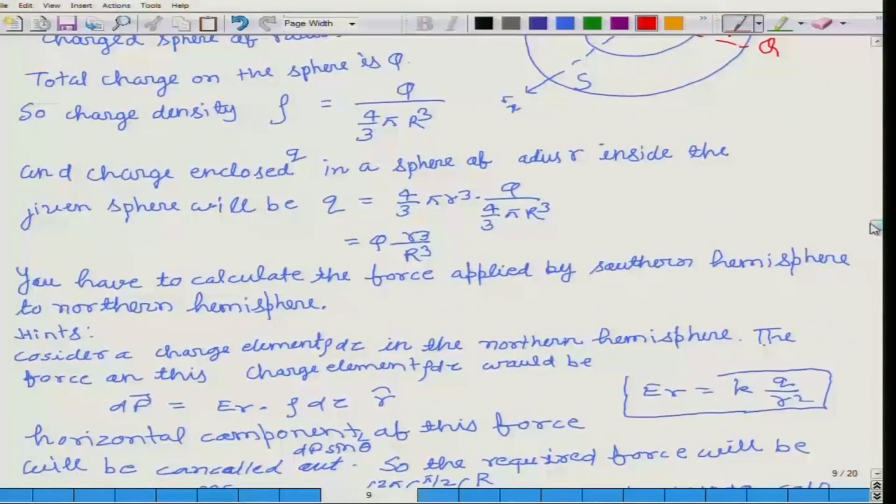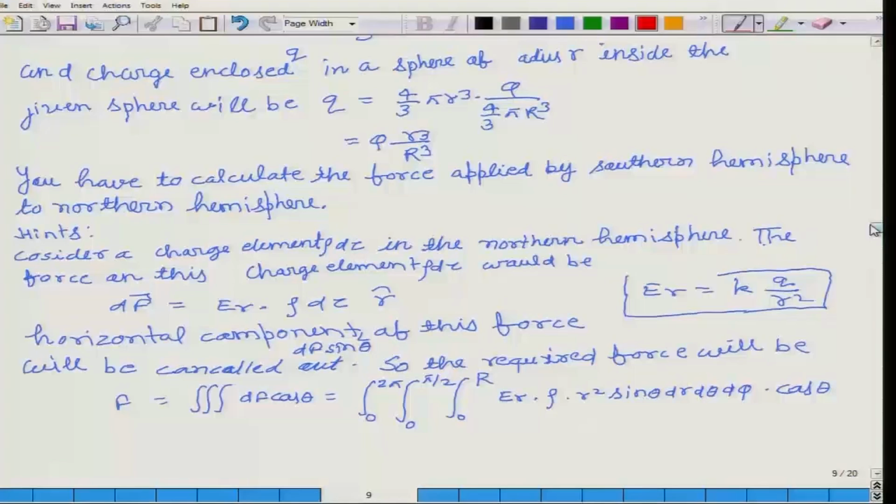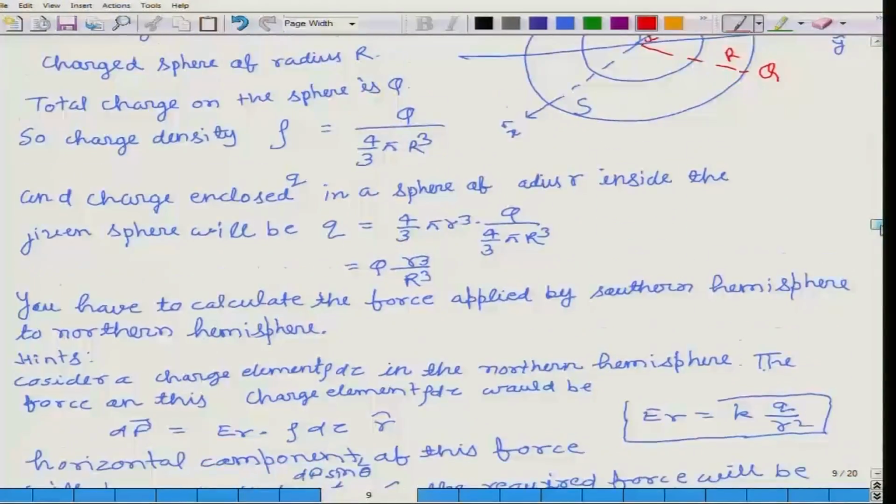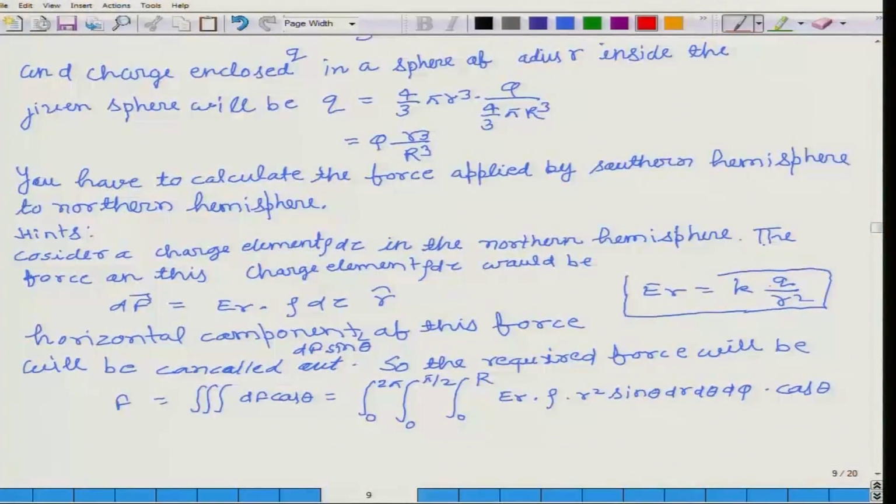Then, as you already know, the electric field at this point, which is called P, at which we are calculating the force, will be equal to k q over r square, where q is the charge enclosed by the sphere of radius r.